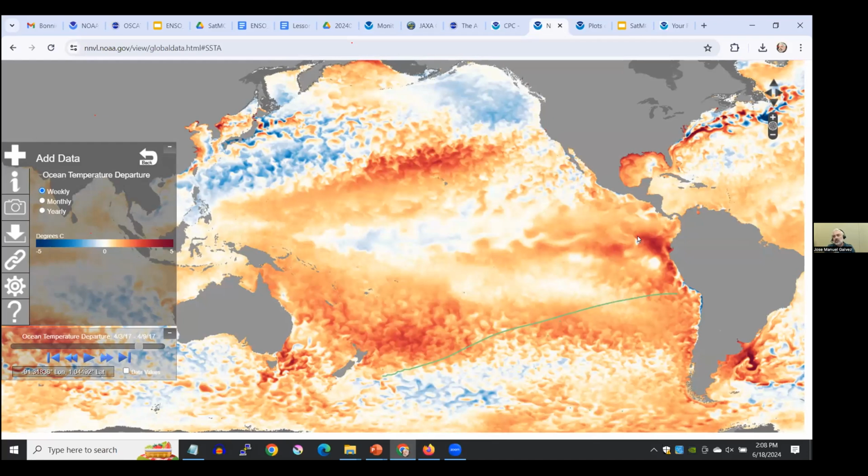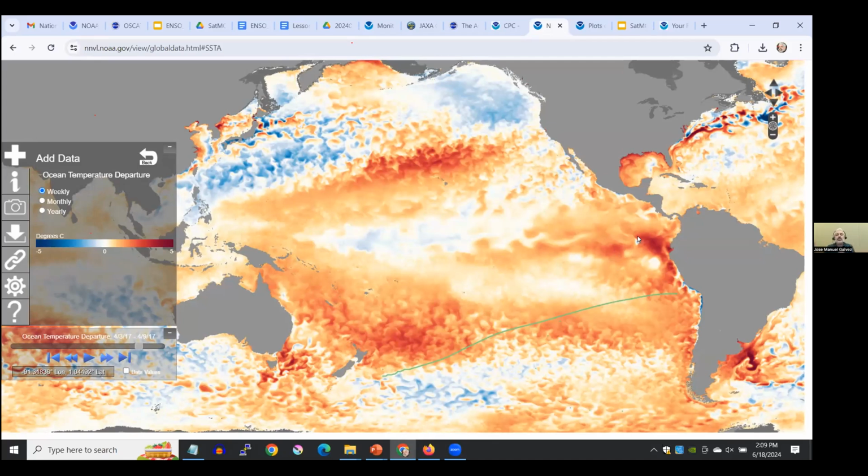What causes the coastal warming is very complex. For the coastal warming to develop, you need local processes that happen along the South American coast that are not in phase with the rest of the processes that induce the ENSO system.